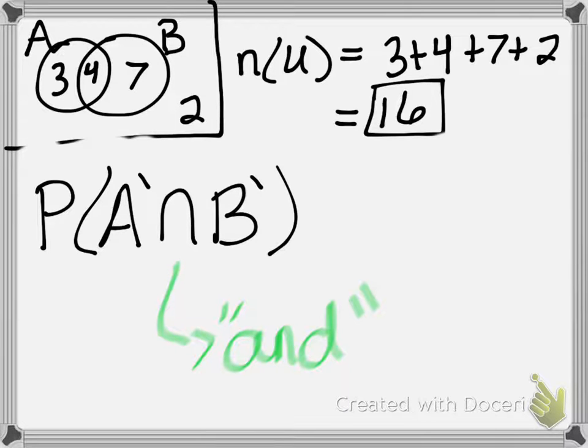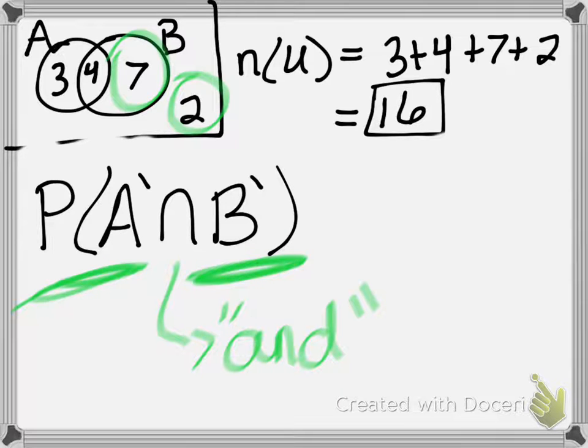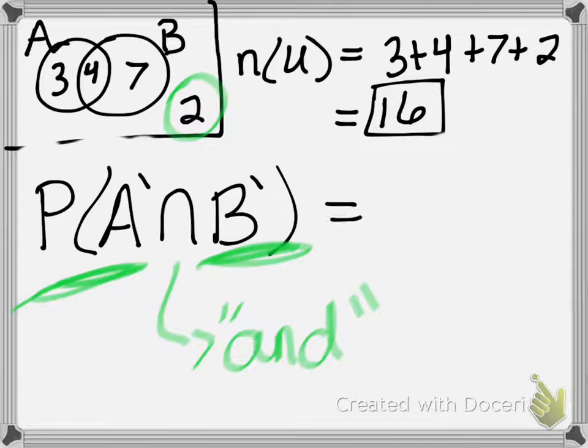So any person we talk about, any number we write down, cannot be in group A. So the 7 and the 2 are not in group A. But they also cannot be in group B. They can't be in group B. So that means only 2 people are in that category, because the 3, 4, and 7 are in A and B, are in A and also in group B, or just one of them.